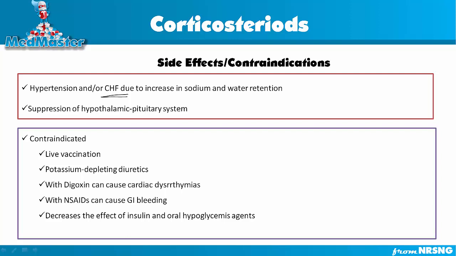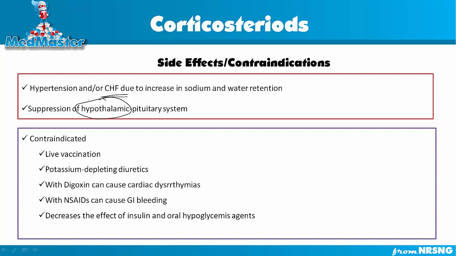So if you're giving a patient the steroid medicines, your brain, where the hypothalamus is, will say, okay, we have enough steroids in our body. We don't need to tell the adrenal gland to function. So basically, the brain will shut down the adrenal gland, and that's basically suppression of the hypothalamic pituitary system.